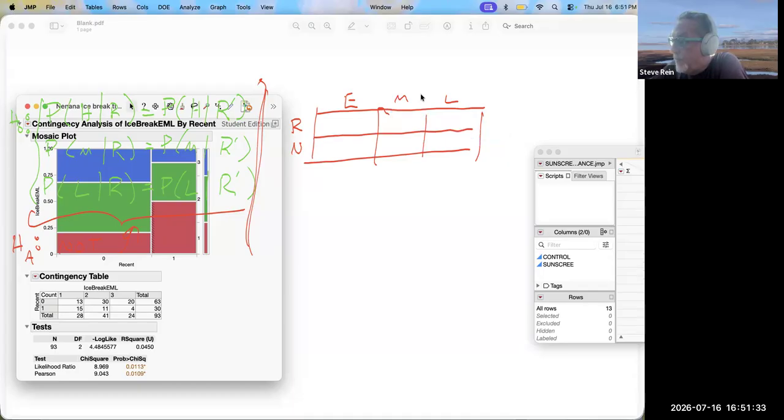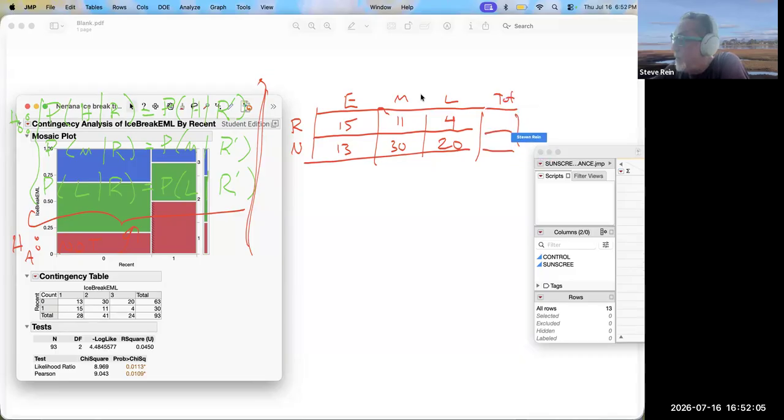Recently, it's been 15, 11, and 4. And then, early on, not recently, it's been 13, 30, and then 20. And so I guess what I could do is, they're giving me a total. I'm going to copy that down for my own convenience.